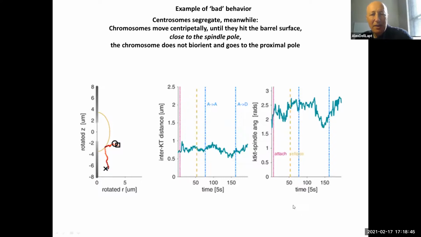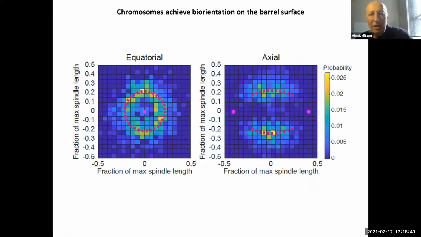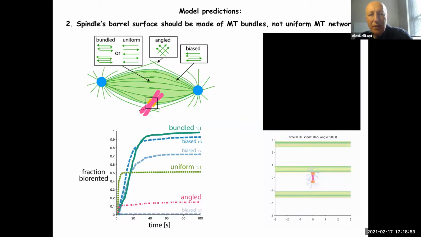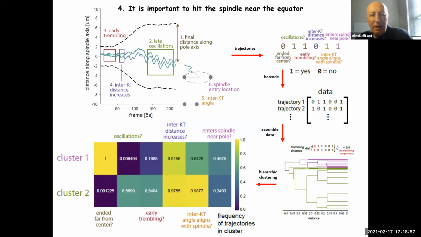This is an extreme example of bad behavior. This is an extreme example of good behavior. But clustering shows the actual data without bias. So all of this is done in an unsupervised way. So cluster 1 is bad, cluster 2 is good.